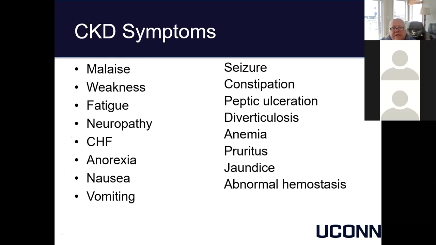So some of these things we talked about: malaise, weakness, fatigue, that's always kind of one big category. Neuropathies are common with kidney failure, congestive heart failure, particularly when they're anuric. Anorexia, nausea, and vomiting come from the buildup of the toxins. Seizures because of oftentimes the alterations in electrolytes.